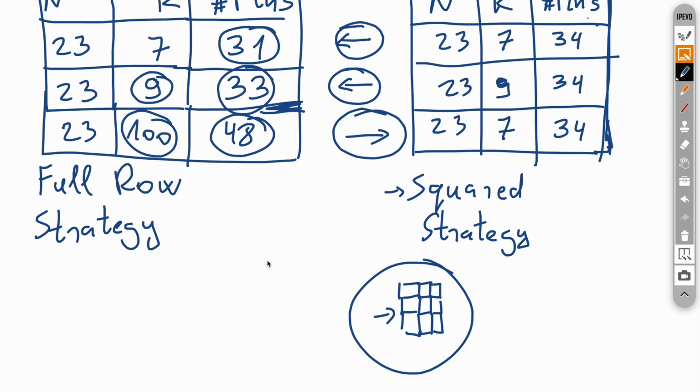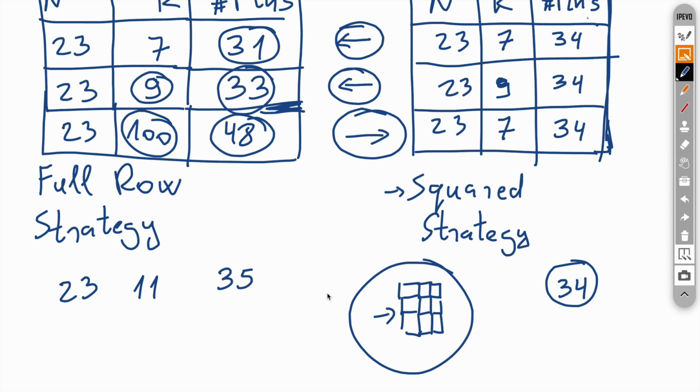In our case, it's enough to follow this second option and try out this example with n equals 23 and k equals 11. The full row strategy would require 35 papers. Our square strategy would still require only 34.